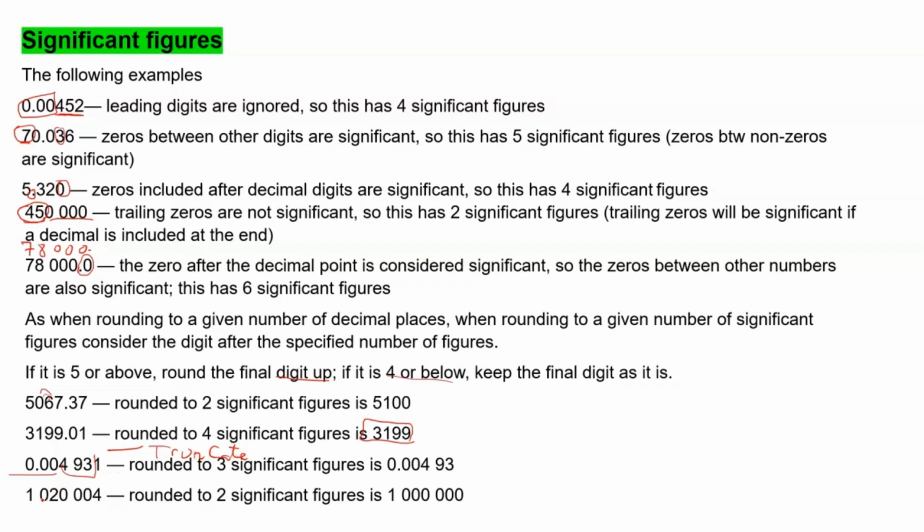So in this case here, to make it 2 significant figures, always significant figures are counted from the left. So you always count from the left to the right.